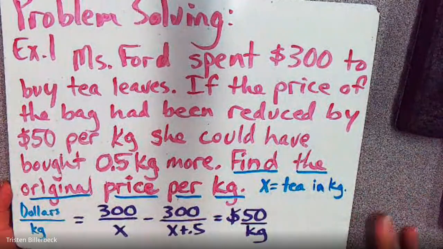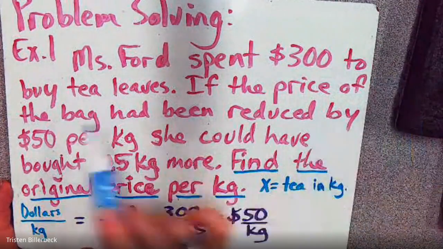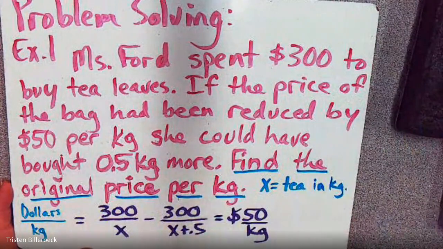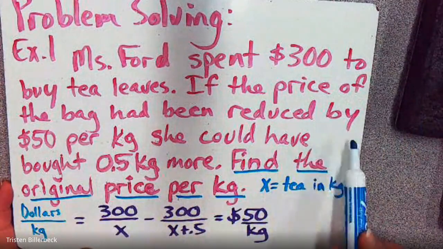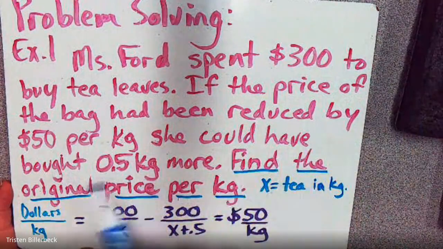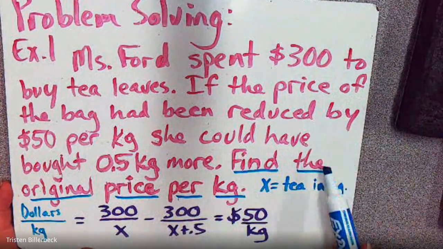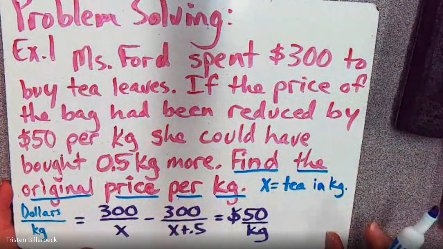All right, so let's read the question. So Ms. Ford spent $300 to buy tea leaves. If the price of the bag had been reduced by $50 per kilogram, she would have bought a ½ kilogram more. Find the original price per kilogram.